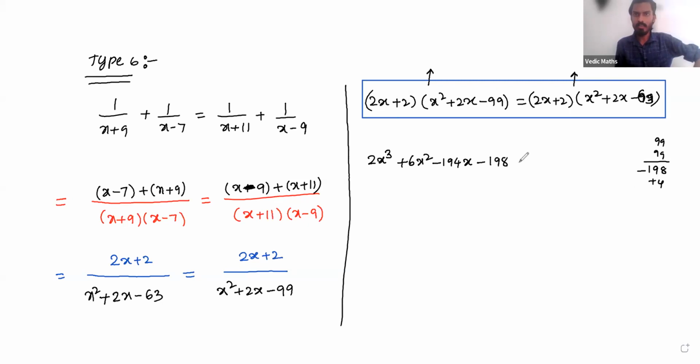If you see the right hand side part and observe very carefully, 2x cube we are getting. After that, we are getting 4 plus 2, that is 6x square. And the next one will be 63 into 2, that is minus 126x, plus 4, that is minus 122x, minus 126.